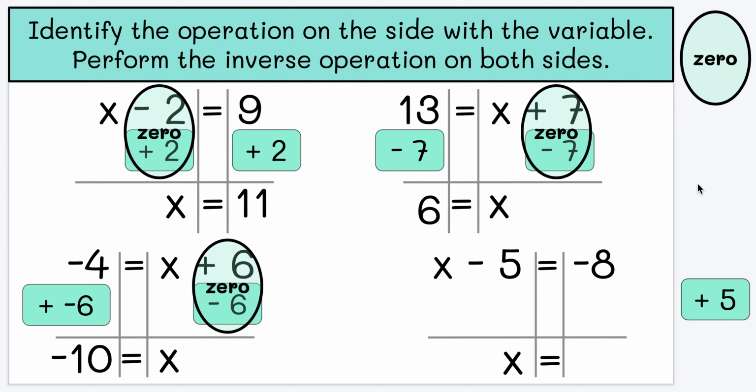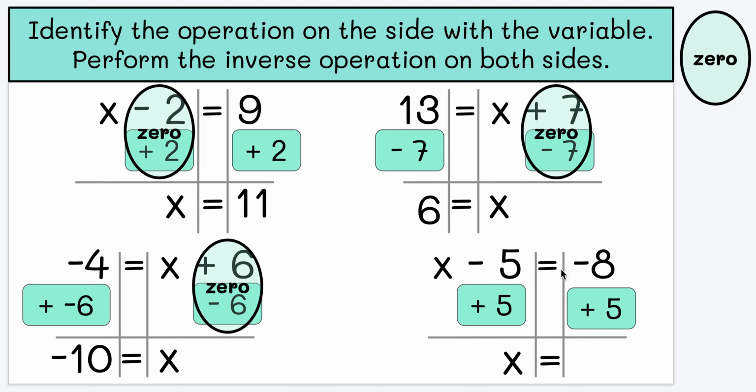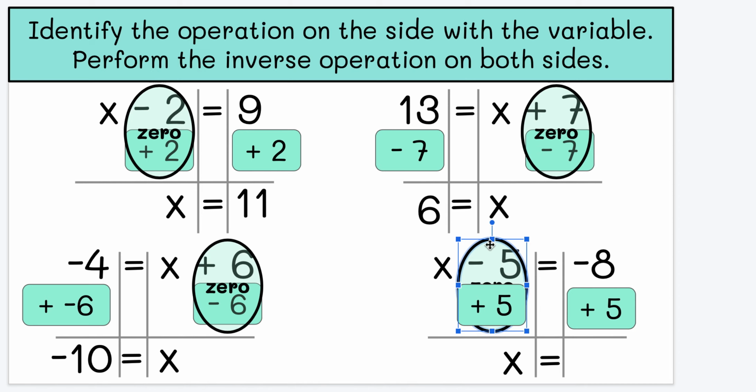All right. And for our last one, this time our variable is over here on the left. I see subtraction. So the inverse is addition. So I'm going to add 5 to both sides. So on the left here, those are opposites. That's worth 0.